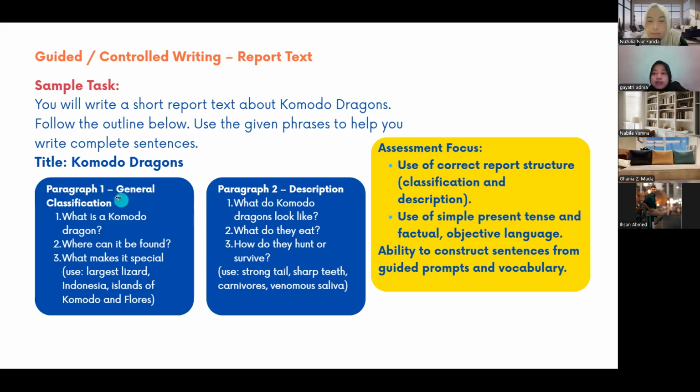The first paragraph is about the general classification. We can help our students with some questions like what is a Komodo dragon, where can it be found, and what makes it special. We can also provide some vocabulary before writing so that they can use the vocabulary we gave them.